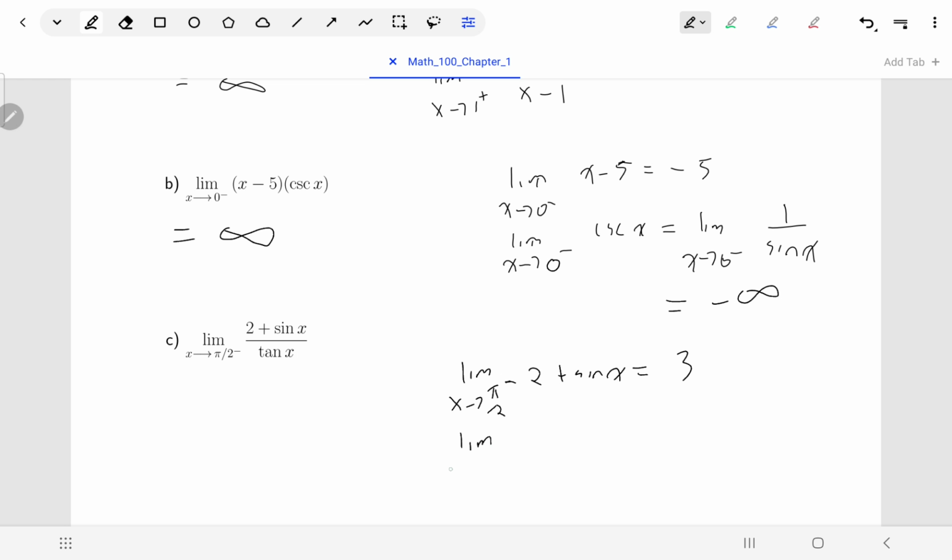As x goes to pi over 2 from the left for tangent, I know the tangent function has a vertical asymptote at pi over 2. And on the left side of pi over 2, we are zooming off to positive infinity. So it looks like we've got a finite number divided by infinity. Our limit theorem from the previous page told us that that limit would then be 0.